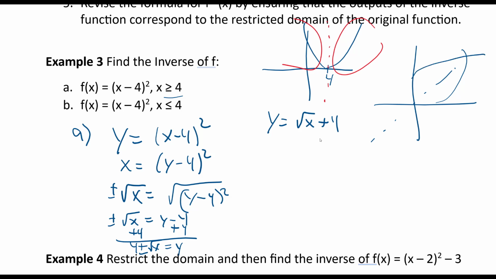And so this is the inverse, so f inverse of x equals 4 plus the square root of x. So that'd be for the original. What I'm trying to get at, though, is that the output for this is the input for this function.